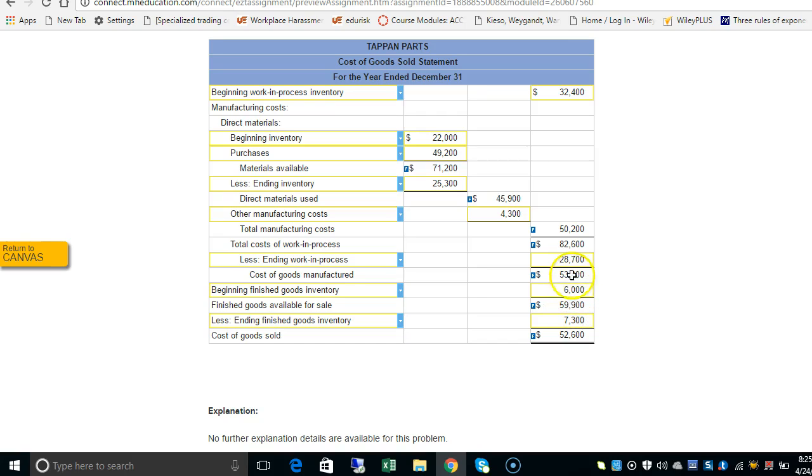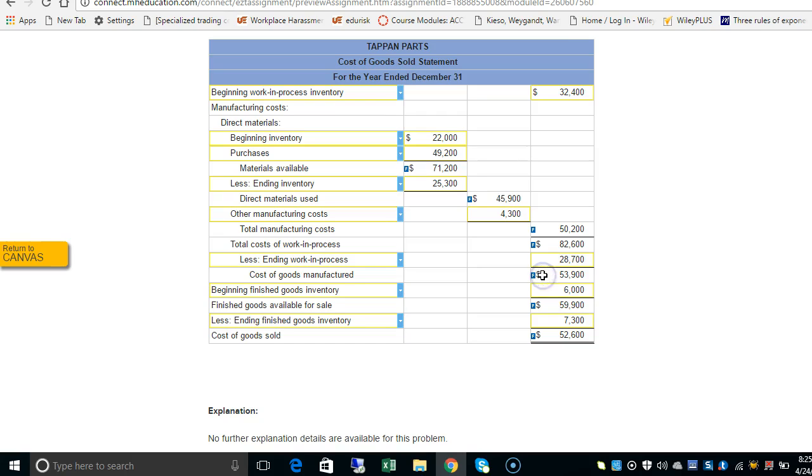If finished goods available for sale is 59,900, then basically subtract 6,000 to get the cost of goods manufactured, because that minus beginning inventory gives you finished goods available. Then finished goods available minus ending finished goods inventory gives you cost of goods manufactured.